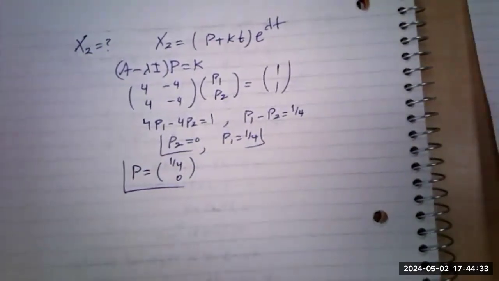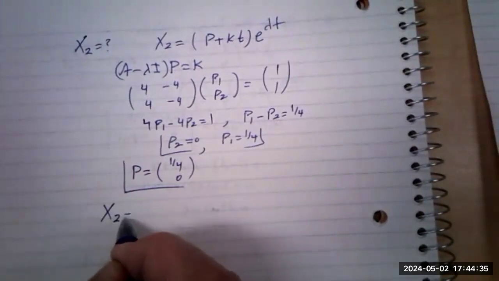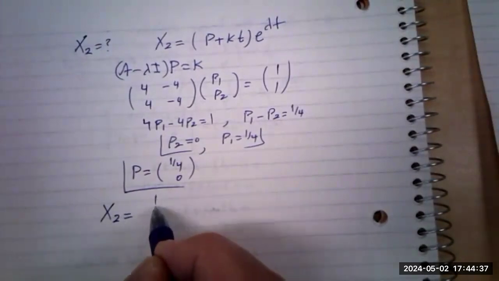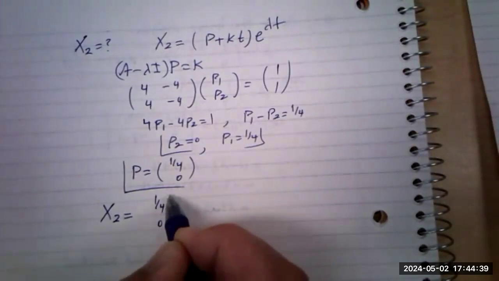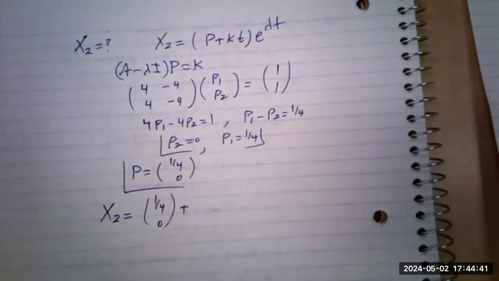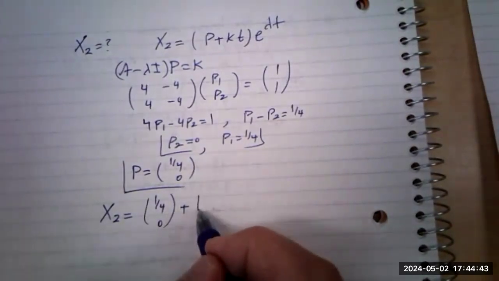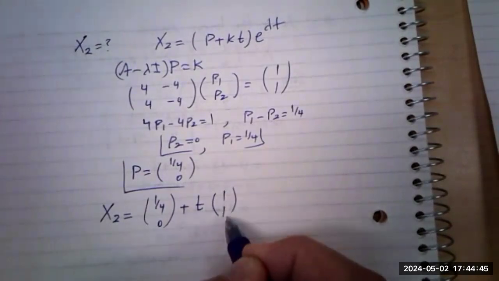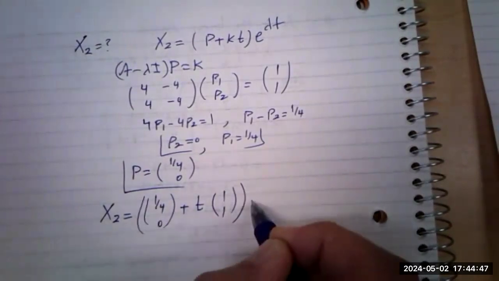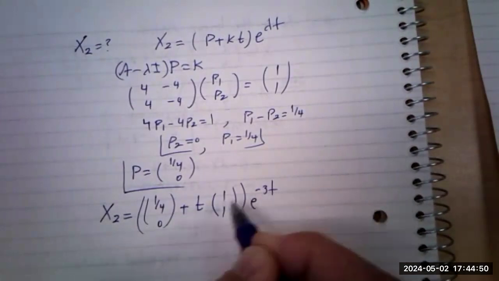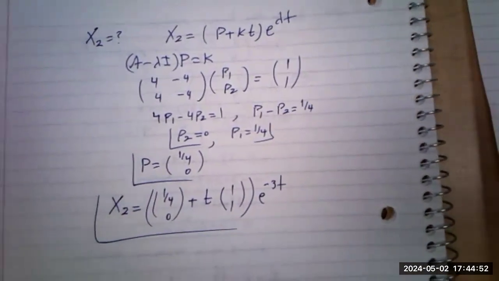Now we get the second solution, which is going to be x2 equal to P, a quarter and 0, plus t times k, t times 1, 1, e to the -3t. That is the second solution.